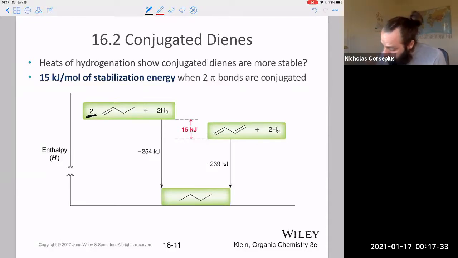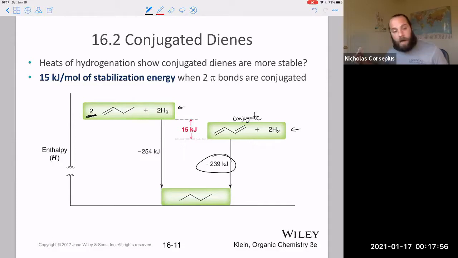Now, if I do the same thing, I reduce 2 double bonds, but here they're conjugated, that releases less heat, which means that this compound here was lower in energy than 2 of those molecules there. The bottom line is that there's an added stability to having conjugated pi bonds.